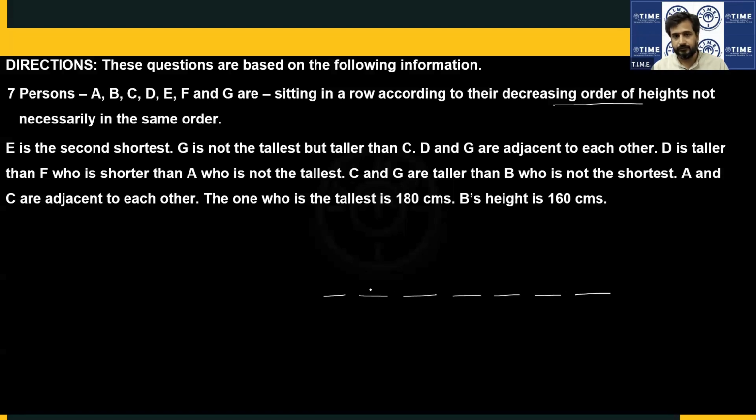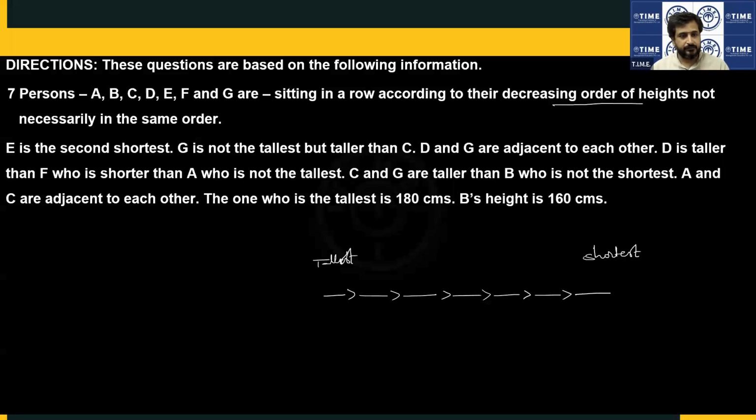They are sitting in a row, and it is clearly mentioned that it is the decreasing order of their heights. It means the first position must be given to the tallest, and the last position must be given to the shortest. The order of the heights will be in the decreasing order. Fine.